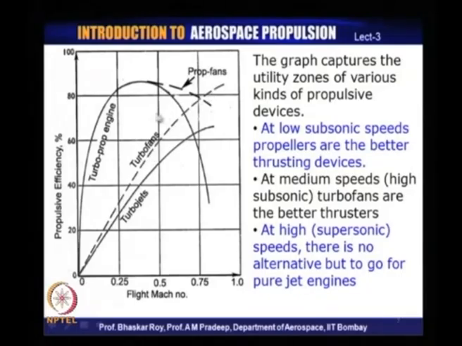Now, turbofans, as I mentioned, is a mix between pure turbojet and a certain aspect of turboprop or a propeller, and a fan is essentially somewhere in between a propeller and a pure compressor, and the size of the fan is such that it is somewhere in between in terms of size.